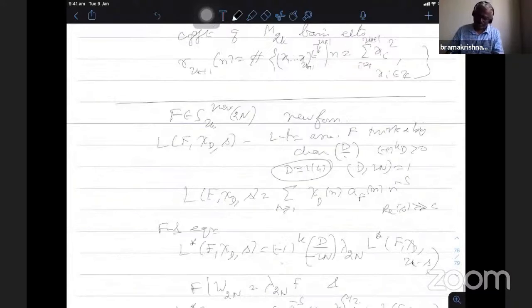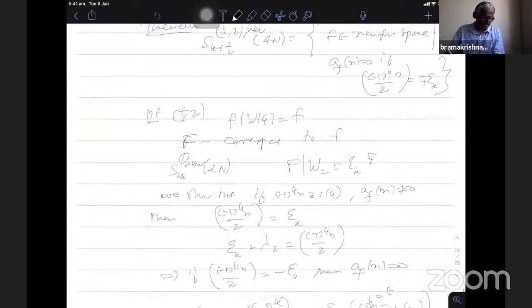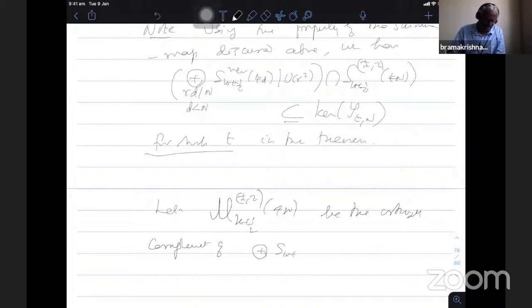So now what we consider is, let M_{k+1/2}^{plus/minus 2}(4N) be the orthogonal complement of the direct sum of S_{k+1/2}(4D).